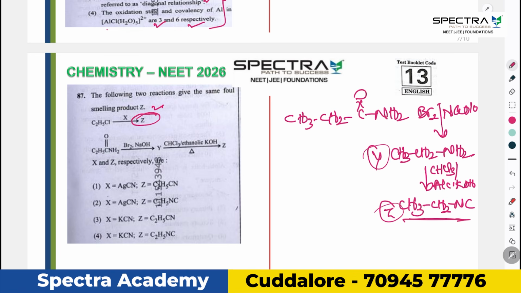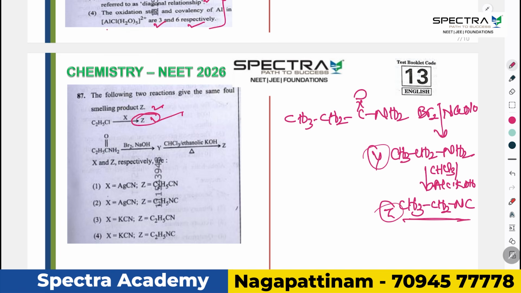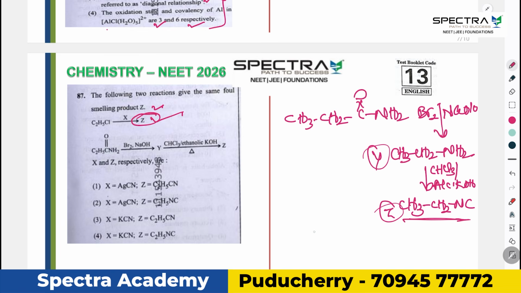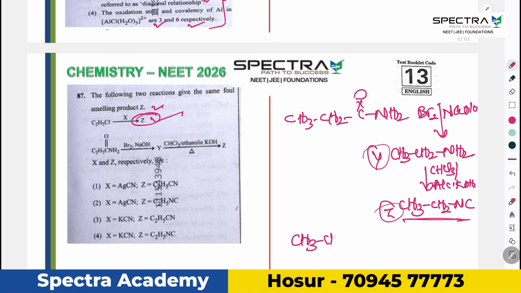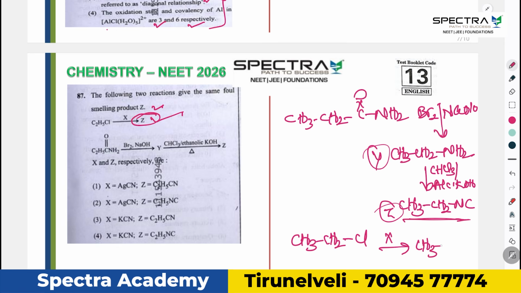So Z is this, and in the first equation also Z will form. They are asking what is X. CH3 CH2 Cl with X gives Z, that means CH3 CH2 NC. We have two options, AgCN and KCN.